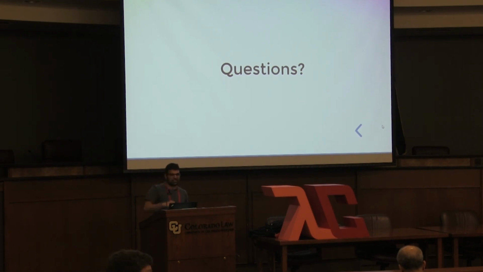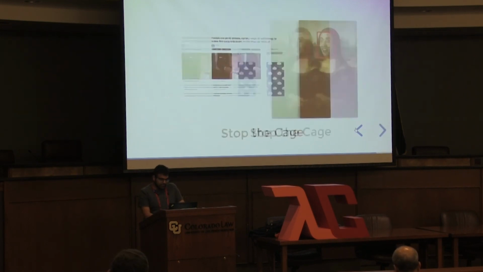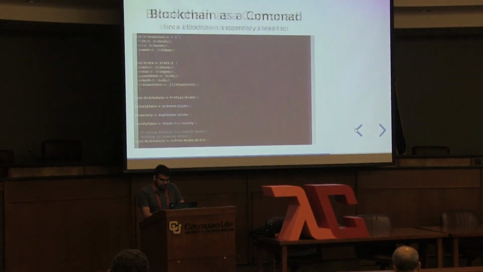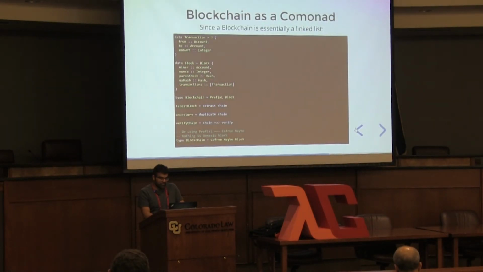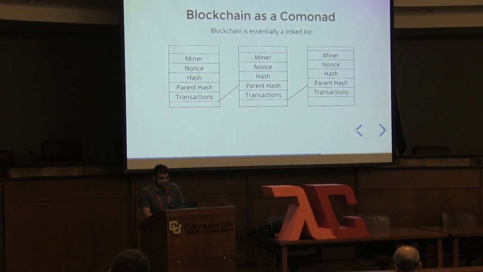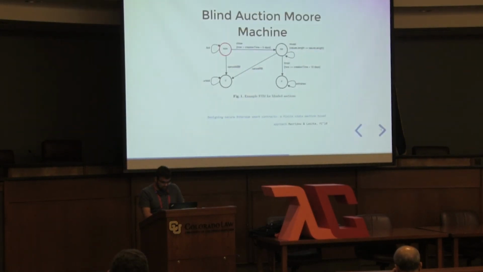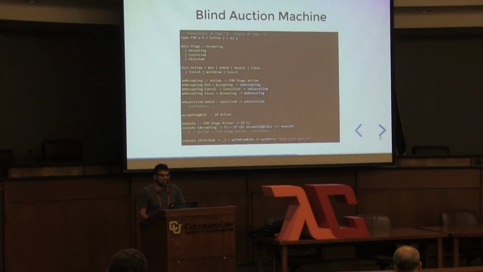You had a question, Mark? Yeah. On your finite state machine slide, where you're actually implementing it, is there any way to protect against invalid transitions? Like the accepting bid state can't do a finished transition. Right, so there's no type protection on it. Yeah, I see what you mean.